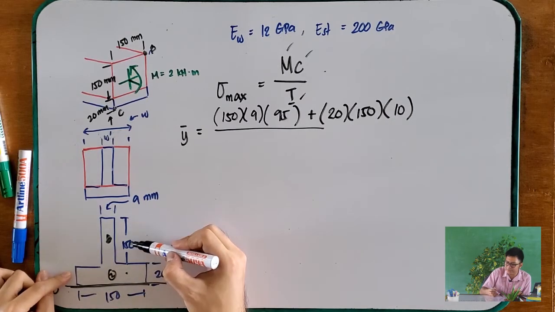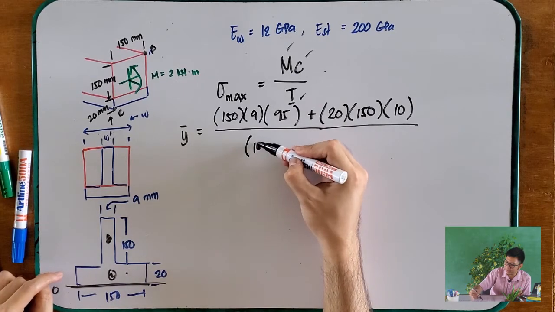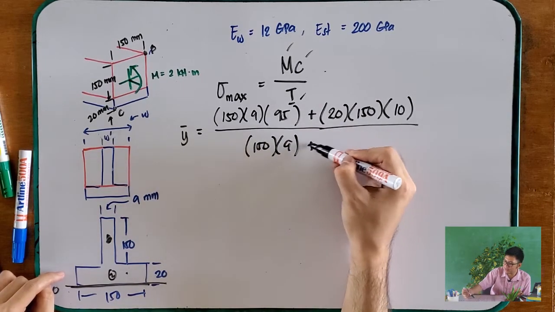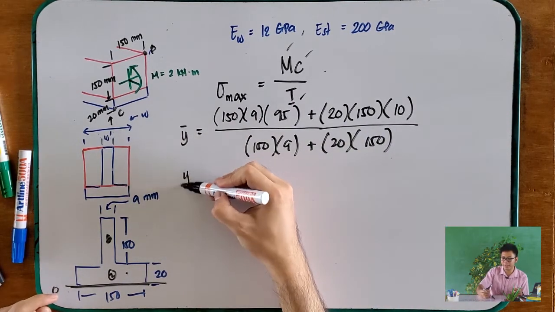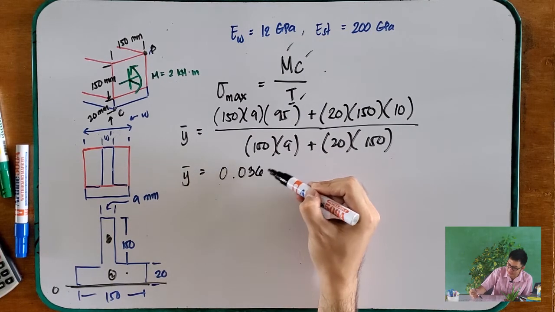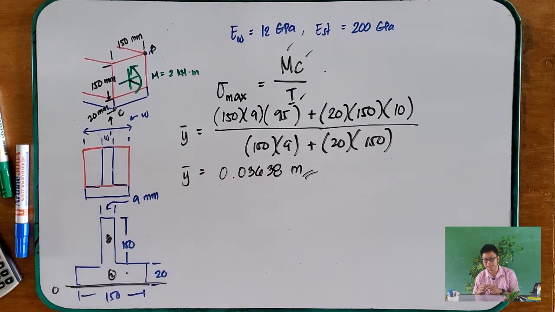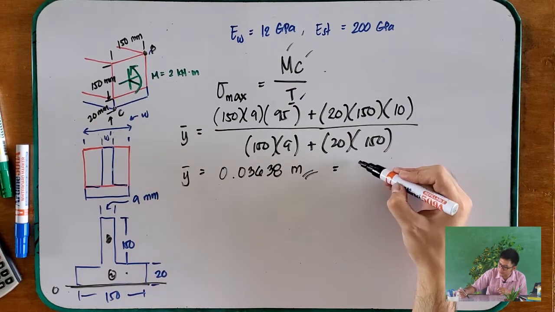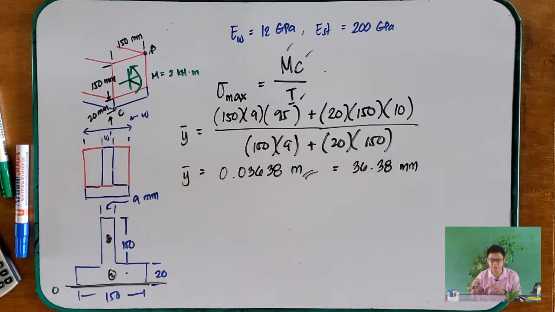So 20 plus 75, 95. Over 150 times 9 plus 20 times 150. And your Y bar is equal to 0.03638 meters. Gi-convert na siya dayon into meters dere. Okay? Or that is equal to 36.38 millimeters.